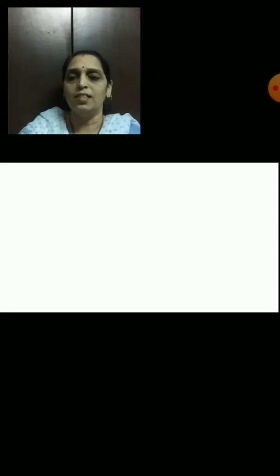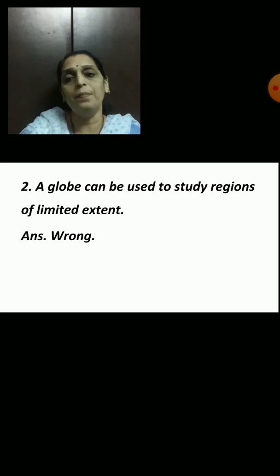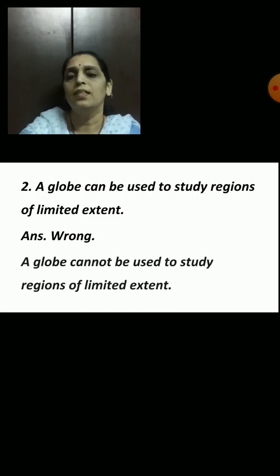Now the next. A globe can be used to study regions of limited extent. Yes, is it right or wrong? Wrong. Then what will be the right statement? A globe cannot be used to study regions of limited extent.